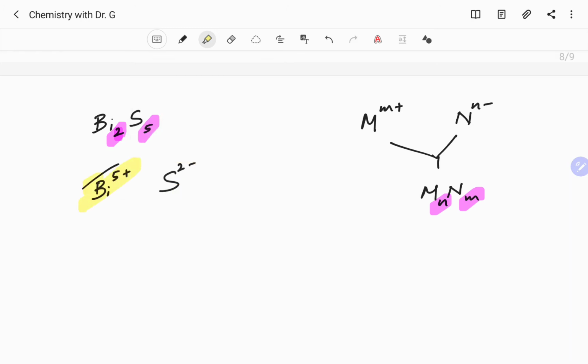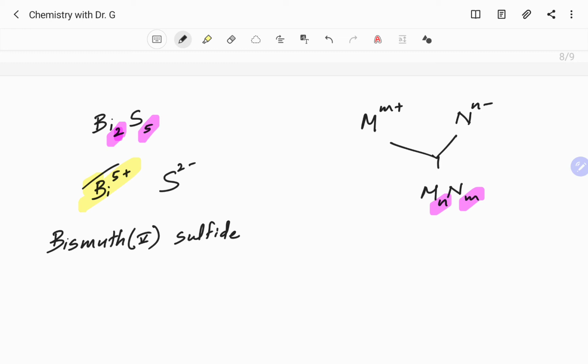So let's write the name of this ionic compound. You have bismuth, and the charge is 5, and then sulfide. So that is the name of the ionic compound.